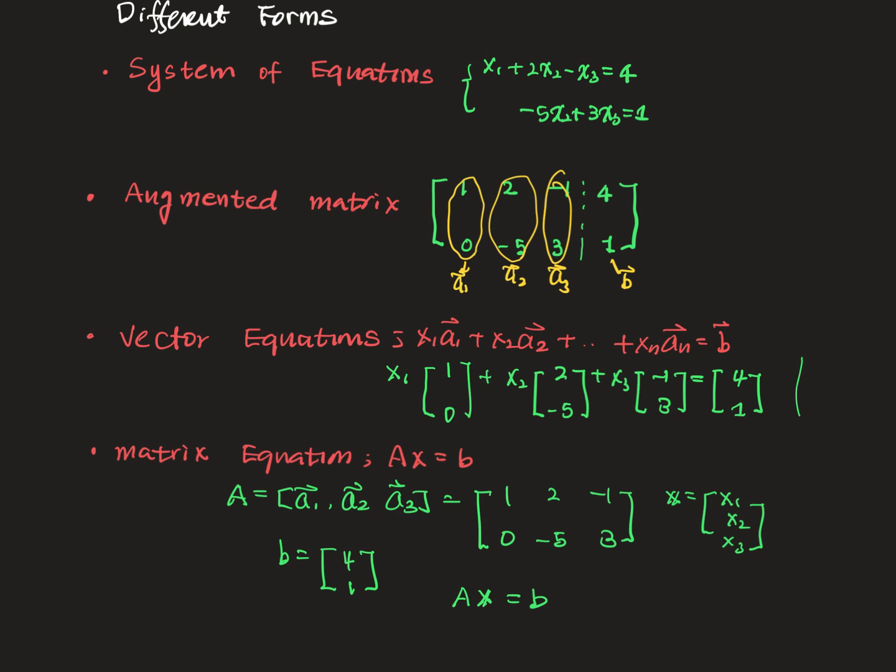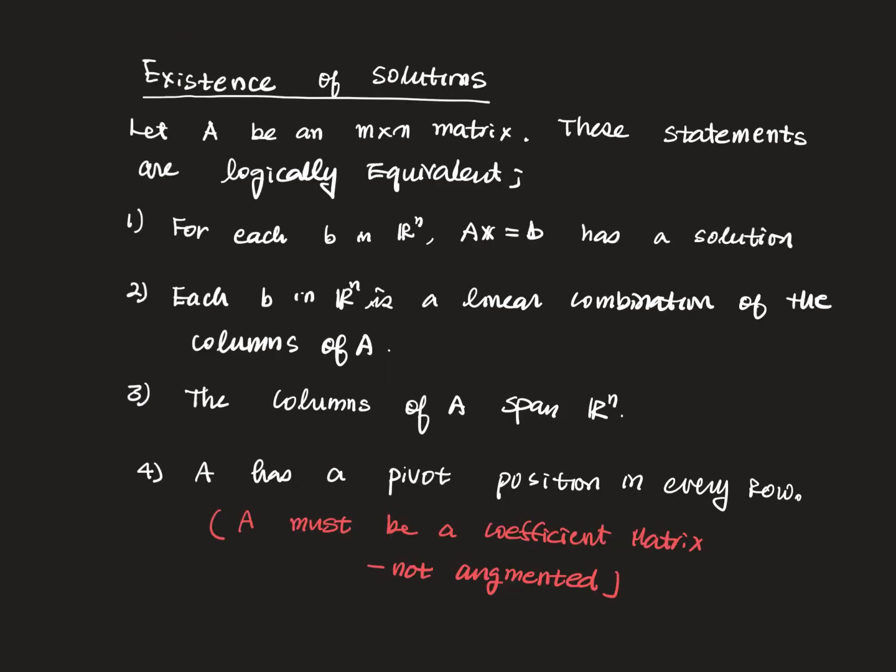Okay. Let's talk about a very important theorem. On the previous slide, I showed the different forms: system of equations, vector equation, matrix equation, and augmented matrix. Based on that notation, all four statements are true.